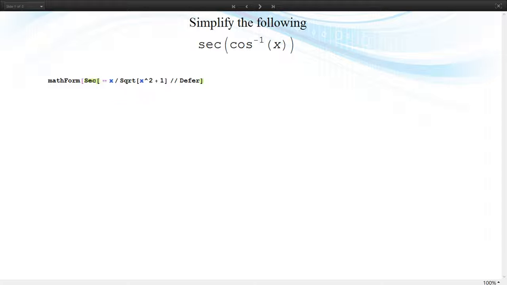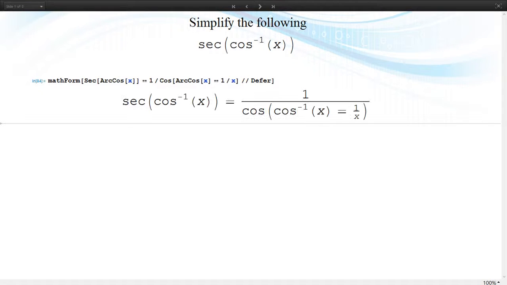So secant of arc cosine of x is equal to 1 over the cosine of arc cosine of x. But arc cosine and cosine are inverse functions, so that means that they just cancel. We get 1 over x, like so.